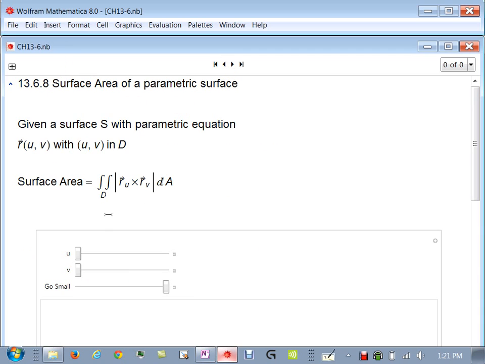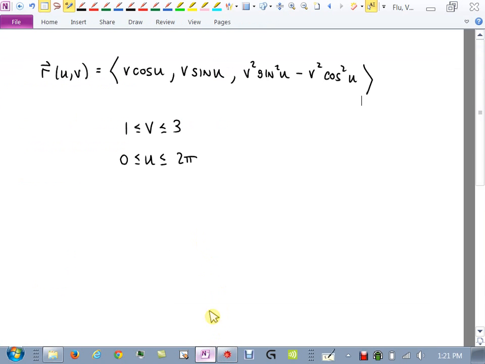We do the double integral over the region D of the magnitude of the cross product, dA. All right? That's what we need to do. So we need to find the cross product of the partials. We need to take its magnitude. And that's going to be a real pain, as you will see.